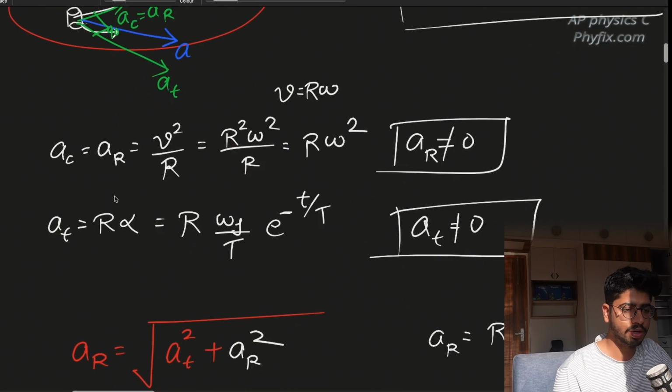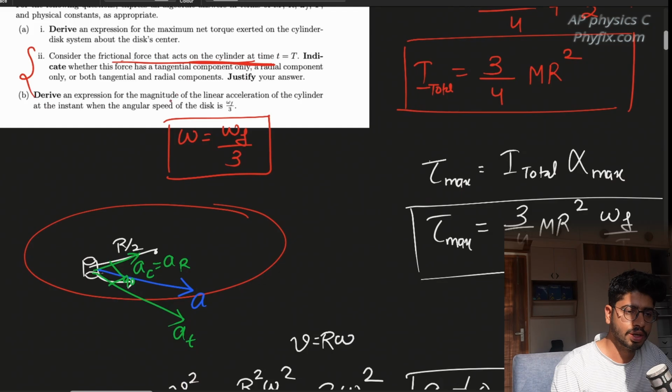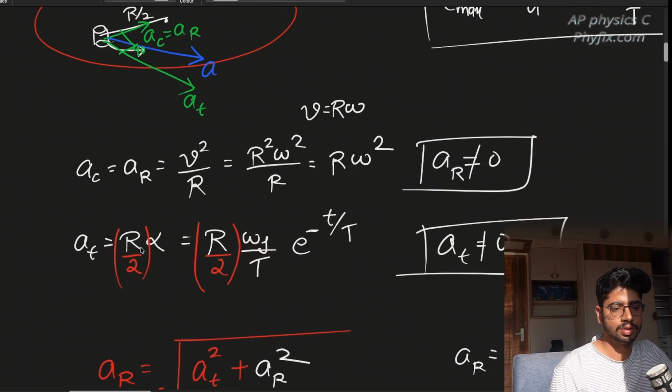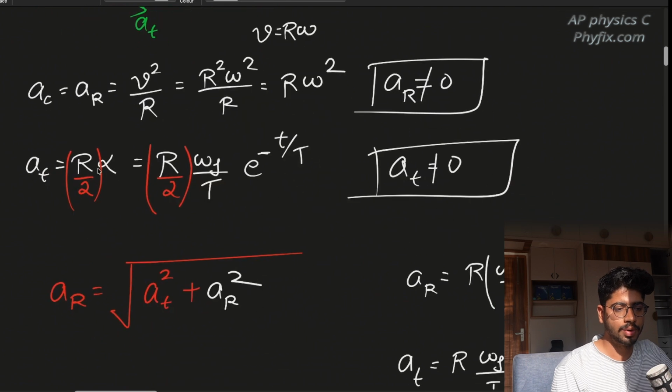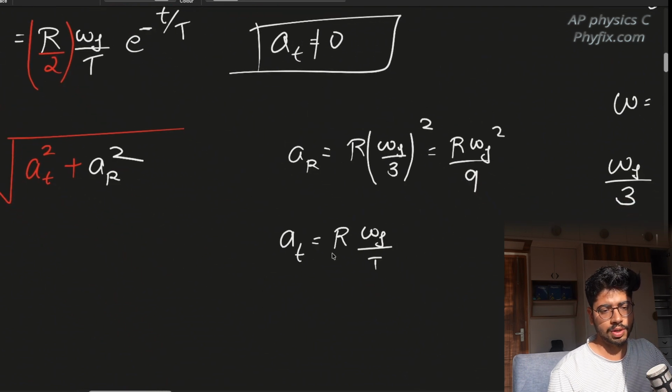So instead of r, I have to take r by 2. Please correct that one. This is r by 2 because the slender is placed at r by 2 distance. Even in the next part, they are talking about the slender only. So actually this is r alpha, but this r is the distance from the axis, so it is r by 2. So I'm writing that as r by 2 here.